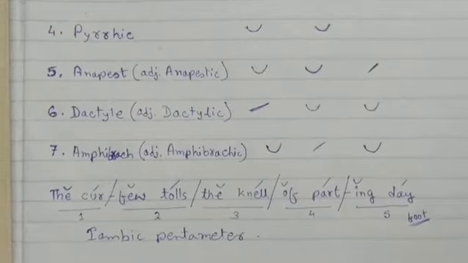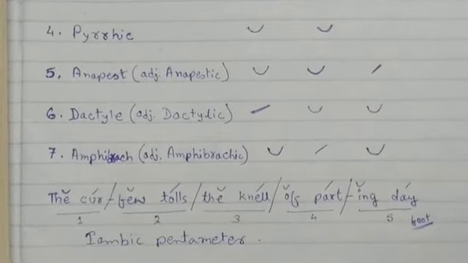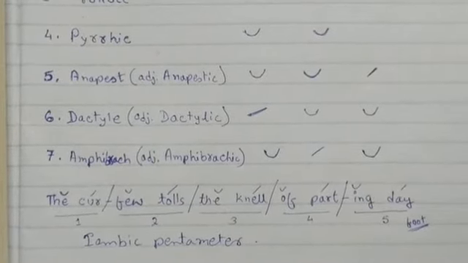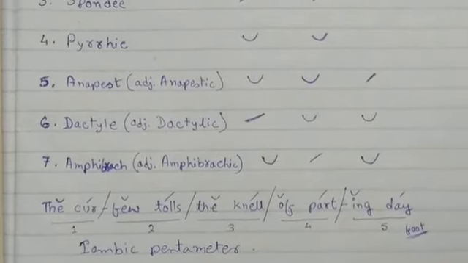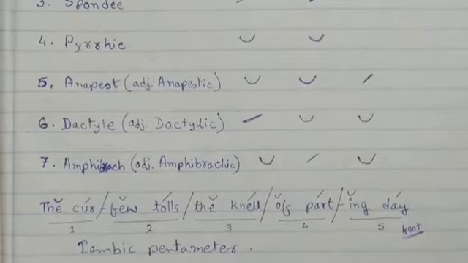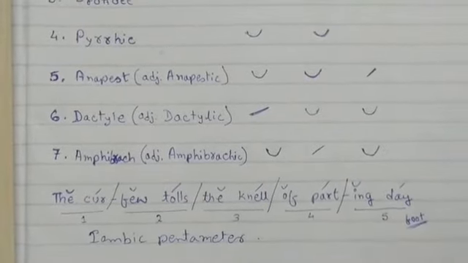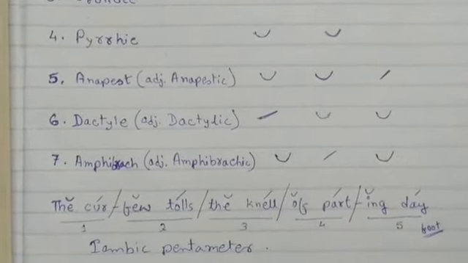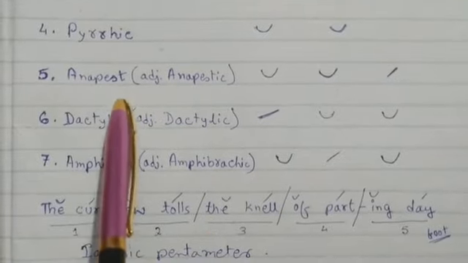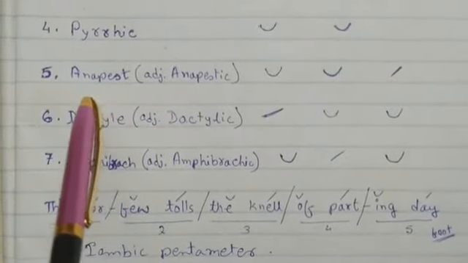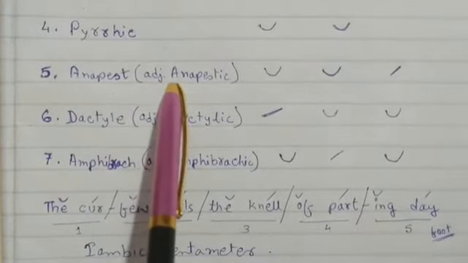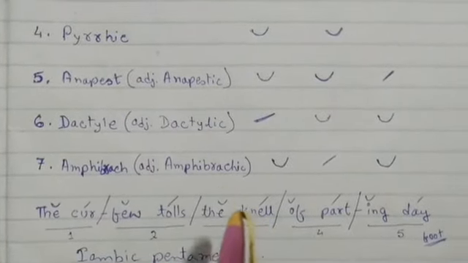In a foot of 3 syllables, the number of accented syllables is only 1 and not more than that. As you can see over here, the first one that I am going to speak on is anapaest. The adjective of anapaest is anapaestic.